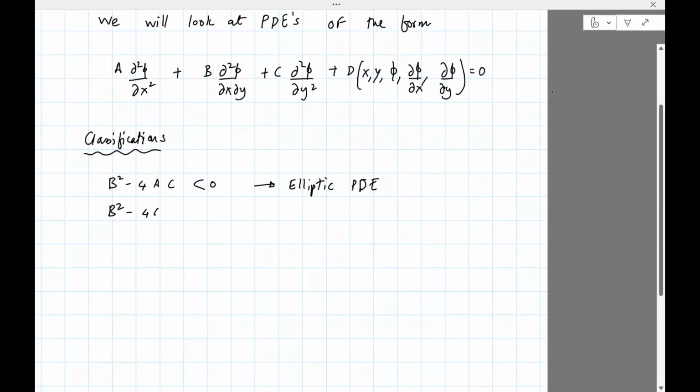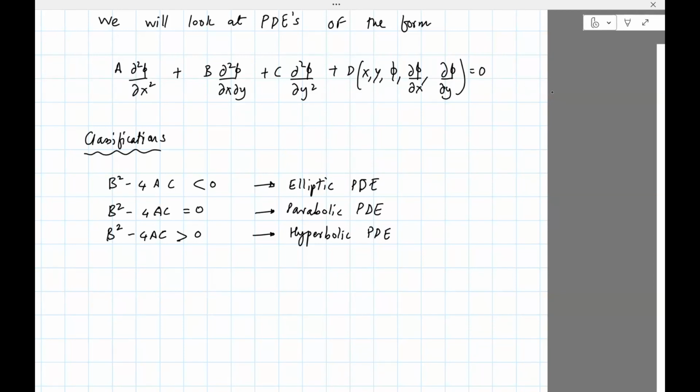If B square minus 4AC equals 0, then this is a parabolic PDE. If B square minus 4AC is greater than 0, this is a hyperbolic PDE. Okay, so these different types of PDEs are classified based on the sign of that quantity, B square minus 4AC.